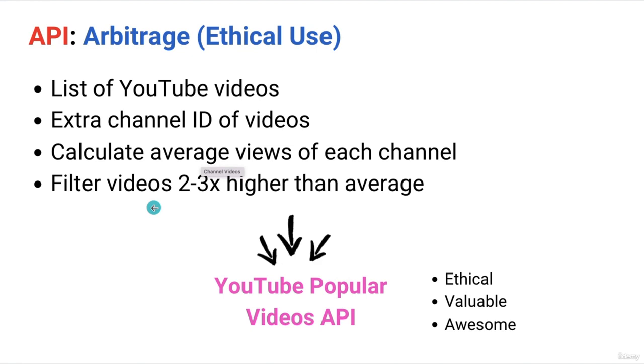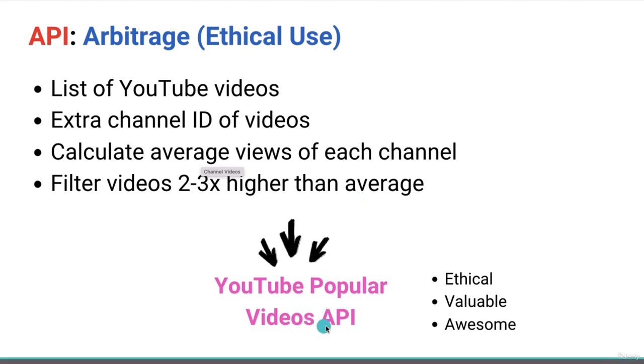Then we will add the functionality of 2x higher than average views on that channel. So automatically we will come to know which particular video is very popular on any channel. In this way we can create one YouTube popular videos API.